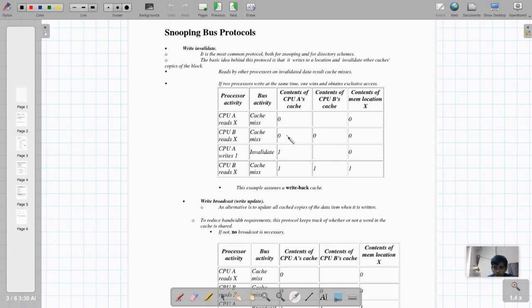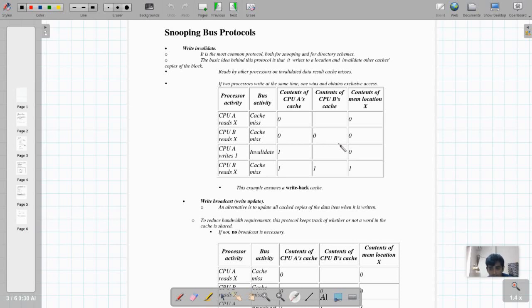In your cache of CPU A, the content of X is brought, as well as in cache of CPU B, you have the same item. You can see that in all the three locations, you have zeros, right?